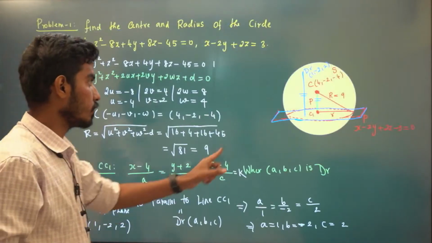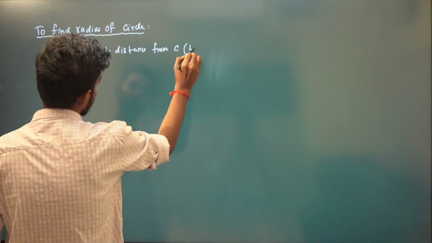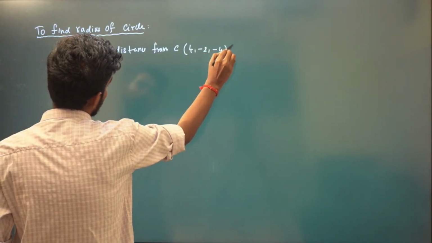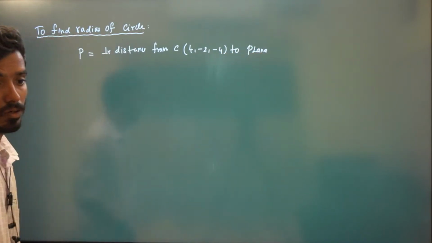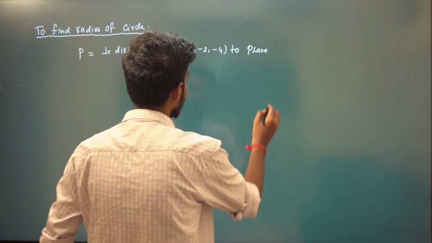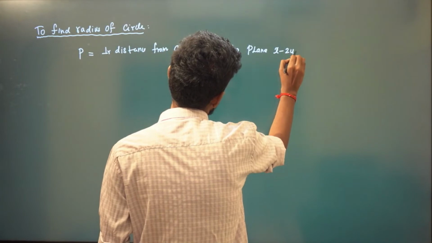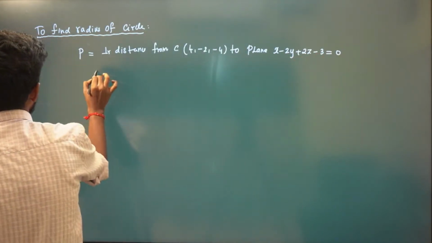C is the center of sphere, 4, minus 2, minus 4, to the plane, right? What is the plane? x minus 2y plus 2z.